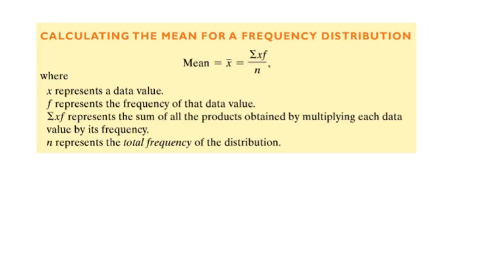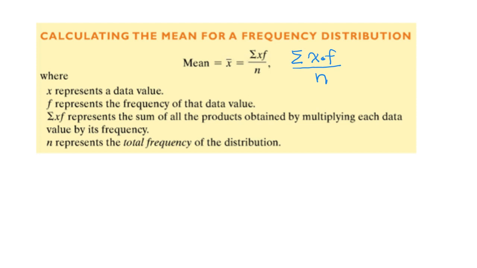In calculating the mean for a frequency distribution, we have a slightly different approach. We're still going to call it X bar because it is the mean, and it's written as the summation of X times F, all divided by N. So the numerator is X times F, the data value times its frequency.